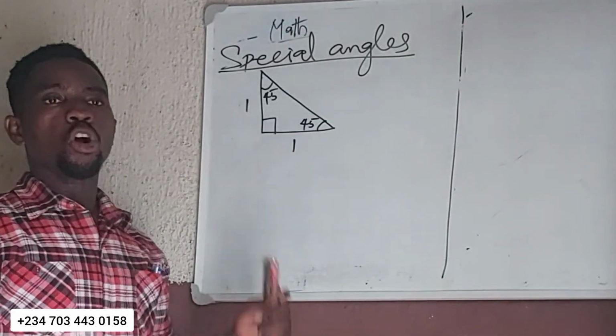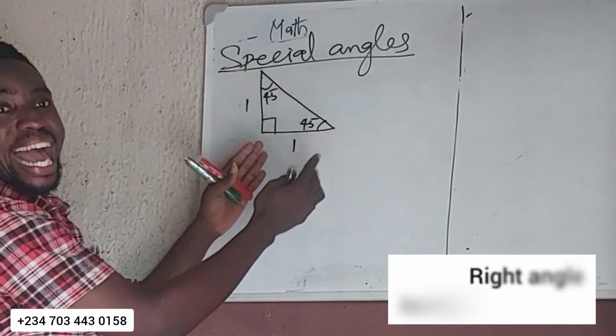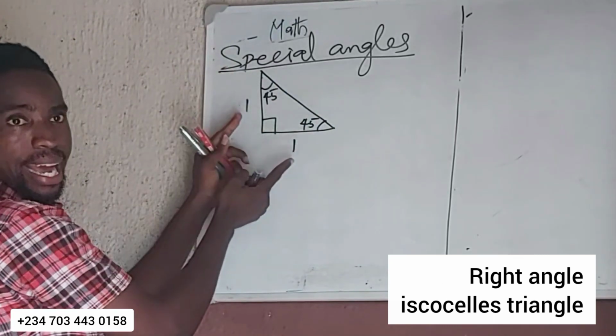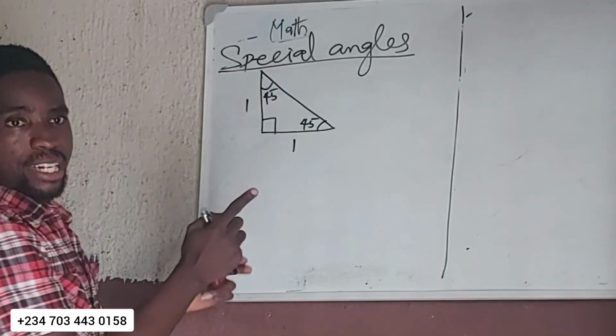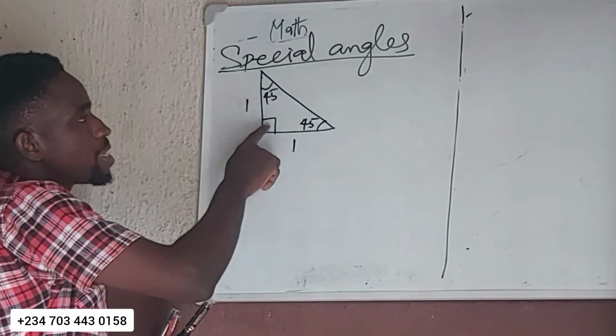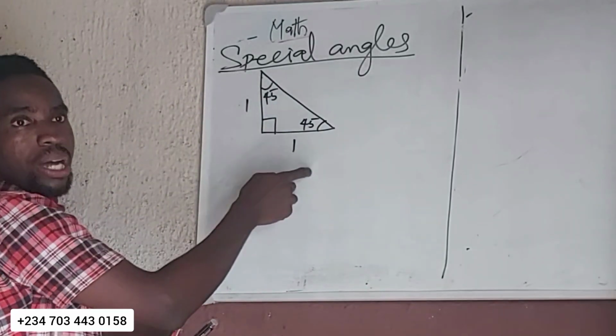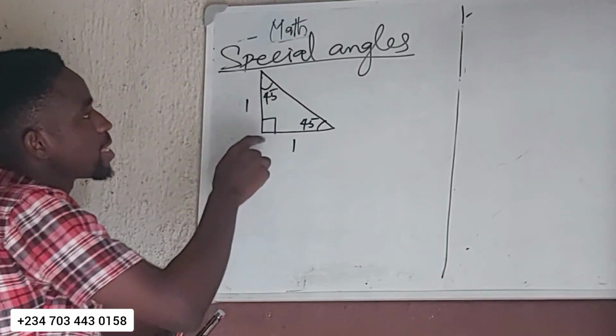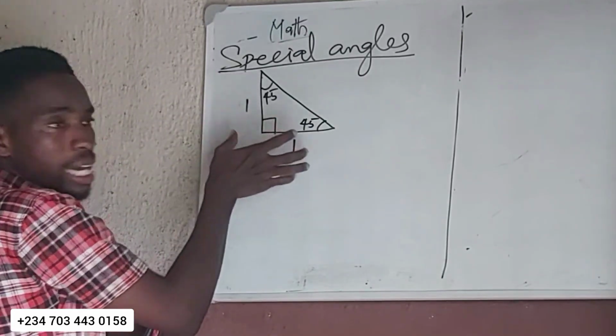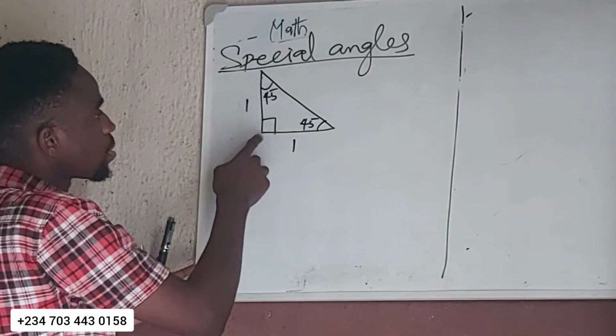For 45 degrees, consider a right angle isosceles triangle. It means the two sides are equal, that's the isosceles. So the two sides are 1 unit each. We can use any value, but we prefer 1 unit for easy usage.